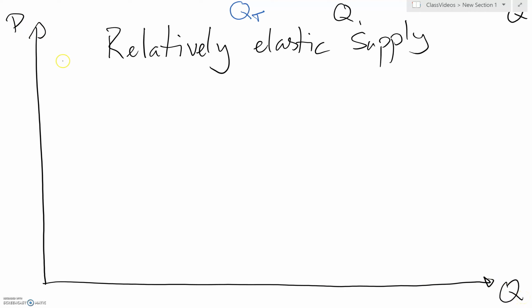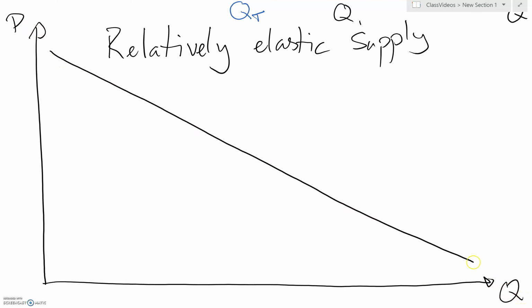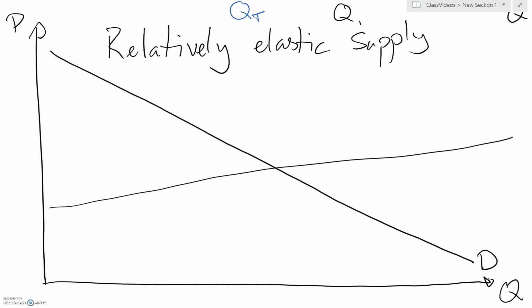So let's put a demand curve in here. And if we've got relatively elastic supply, then the supply curve is going to respond a lot to prices, which is represented here by a flat supply curve. I'm going to still draw it upward sloping, but it might look something like this. It's reasonably flat relative to the demand curve.